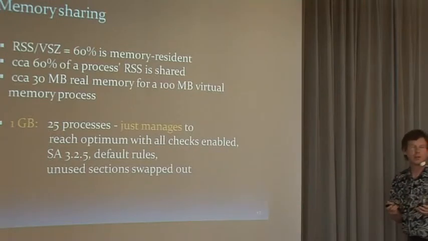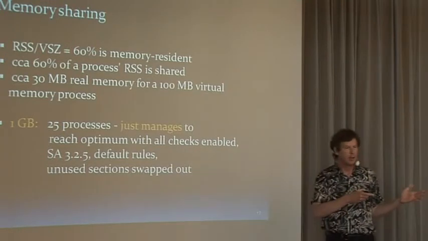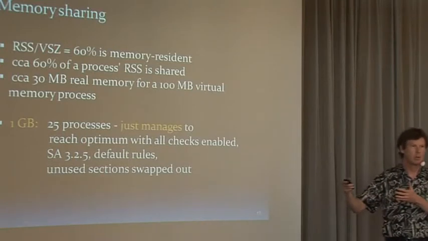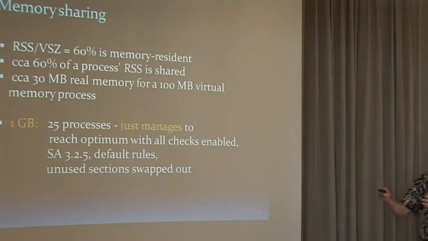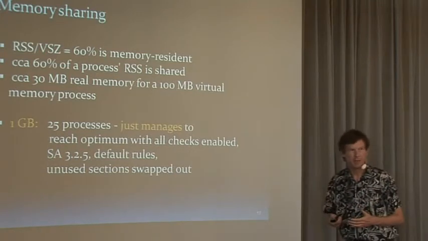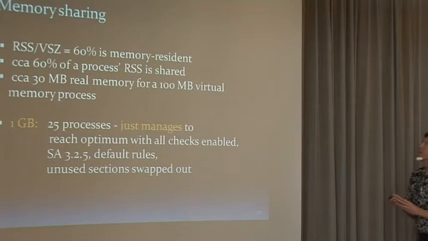So you don't just add up 200 megabytes times 50 processes, that is not necessary. You may do just well with half of it. And there is some shared memory in that.